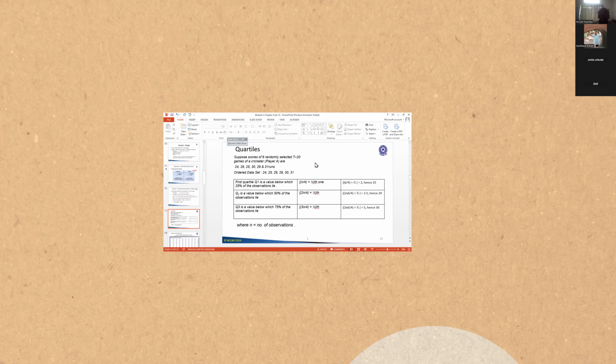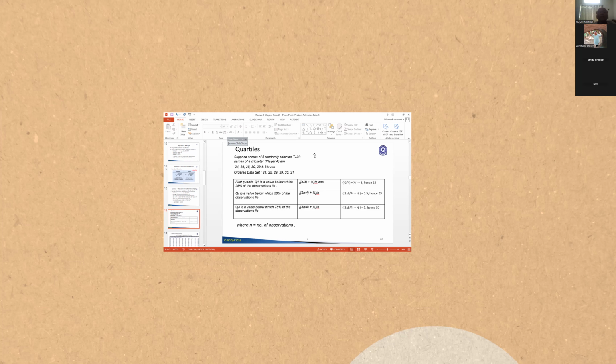Now, quartiles are another important tool to understand the variation in the population. The example is taken from the book. Suppose the scores of 6 randomly selected T20 games of a cricketer, player A, are like this: 24, 29, 25, 30, 29 and 31 runs.